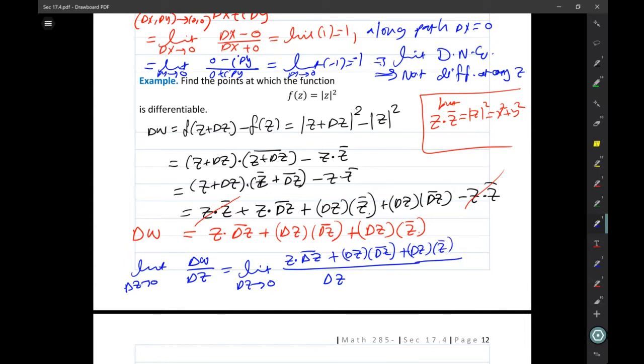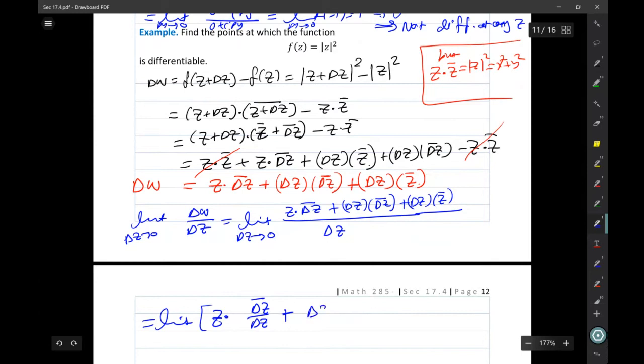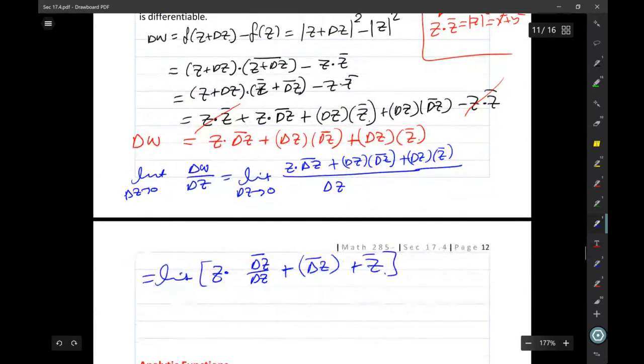You will see that you can take the division as follows. This becomes the limit of z times delta z conjugate divided by delta z, plus delta z divided by delta z, which leaves us here with delta z conjugate plus z conjugate.